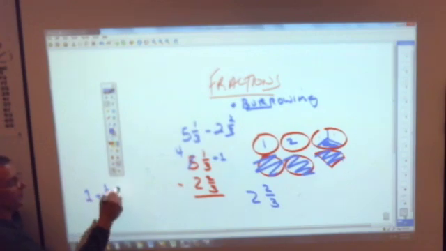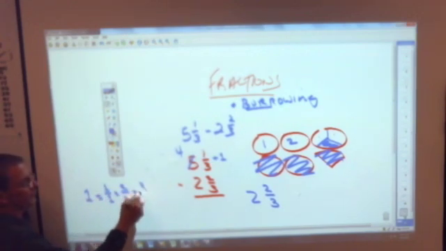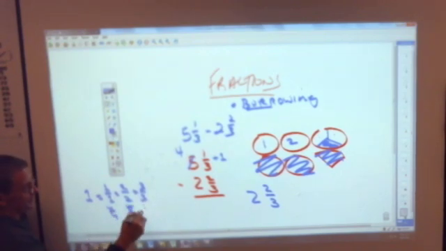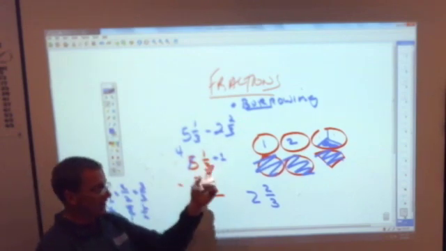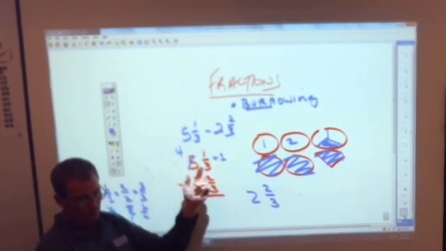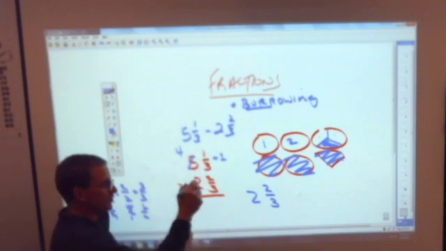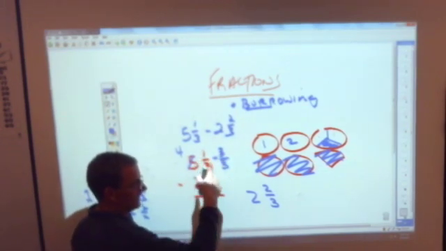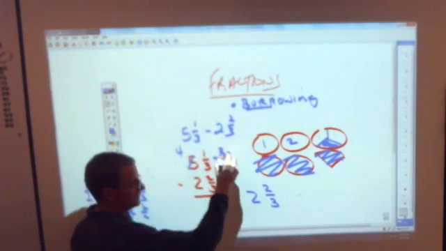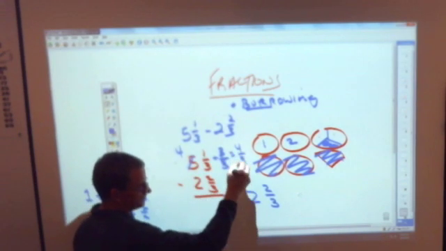One of them is 1/1, I can do 2/2, 3/3, 4/4, 5/5, 6/6. Which one do I want my 1 to be when I add it to this 1/3, Sam? Yeah, you want this 1 to be 3/3, because that's the same as 1. If I add 3/3 to 1/3, I get 4/3.